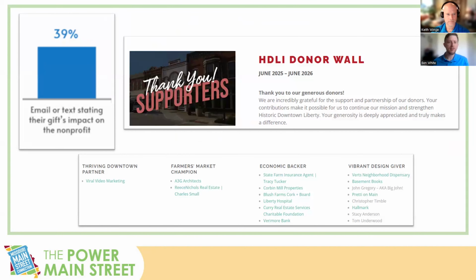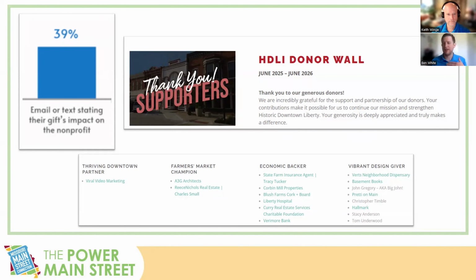The next one is 39% of people. This is the second most from that graphic that I showed you. They said that an email or text stating the gift's impact on the nonprofit was effective. So at least some acknowledgement is great.